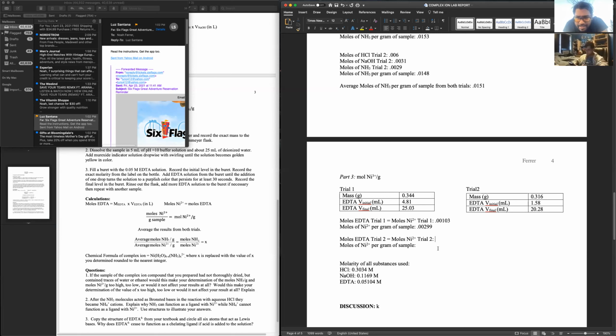Yeah, do it in a stepwise fashion, because if you're doing it all at once, there might be issues with parentheses in your calculator. Yeah, no, I do it stepwise. So hold on. 20.28 minus 1.58. Answer 18.7. Now divided by 1,000, right? Yeah. Okay.